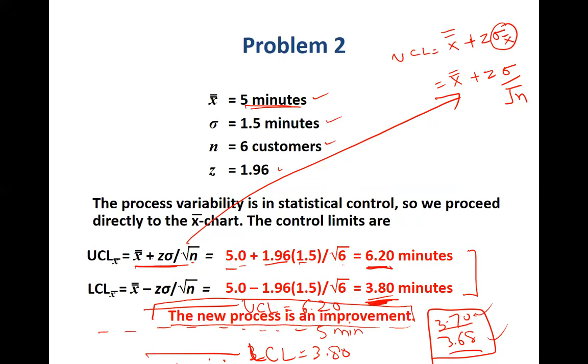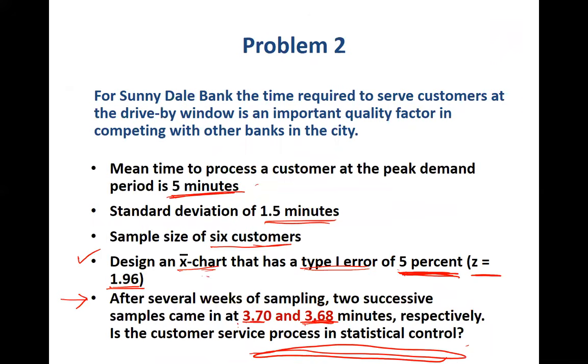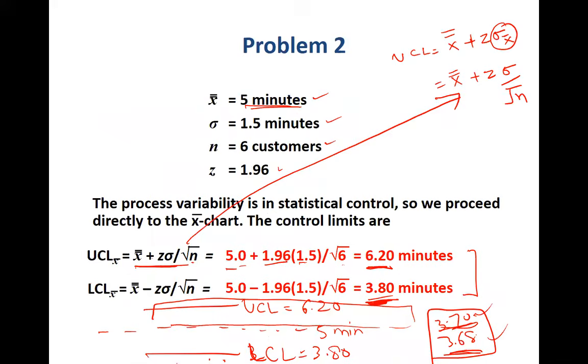And hence, this organization needs to find ways to determine what exactly is the assignable cause for why we are having these two numbers lower than that. So this new process that we have established is probably helping us get the customer service in a faster way. And we need to incorporate that as part of our standard operating practices, and then reconstruct our statistical process control chart, and see if we can continuously deliver service which is of these kinds of values that we just saw.